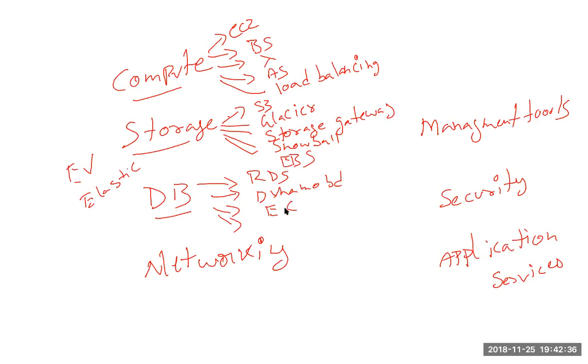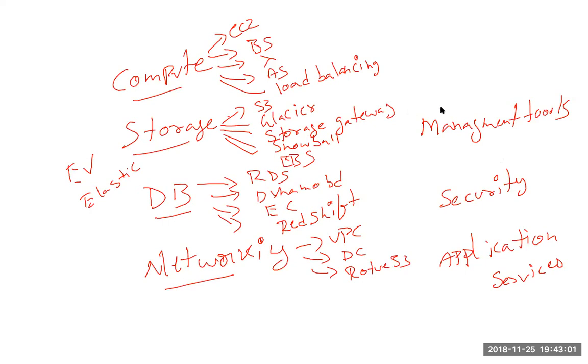And I have another service called Redshift. Don't worry, we'll discuss all these services. In networking, I have a service called VPC, Direct Connect, and Route 53 for DNS.